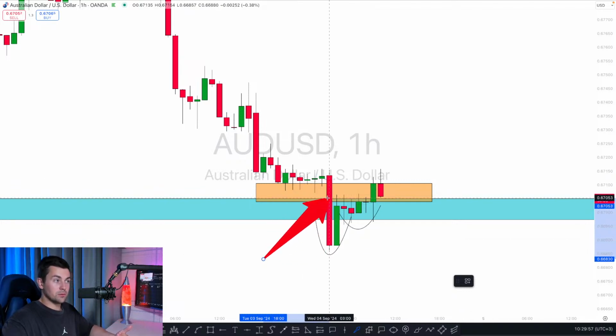Then it was broken and it turned into resistance. And then the sellers started to sell from that, and we saw clear bearish reactions to that resistance. So definitely that neckline here is a very significant intraday structure.